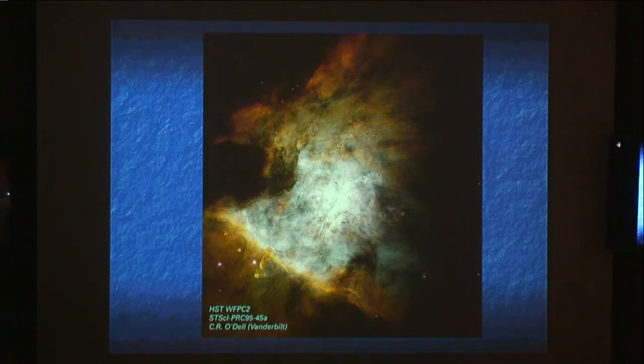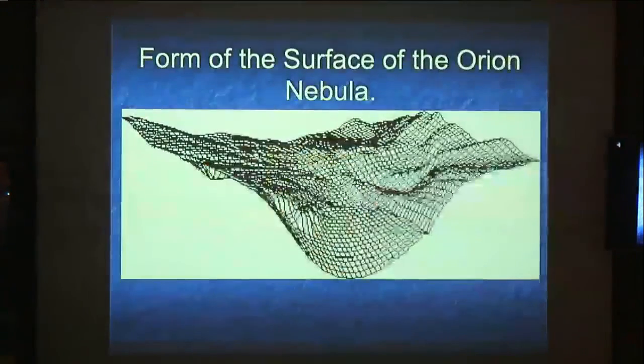Medium ionization potential is in H alpha, green, and nitrogen 2, the lowest ionization potential, is rendered in red.